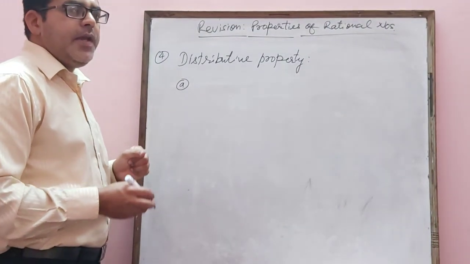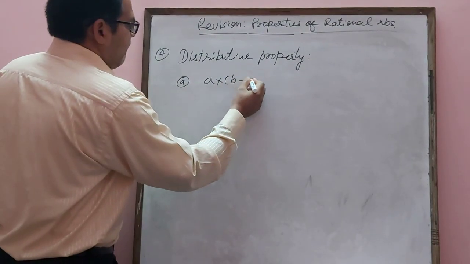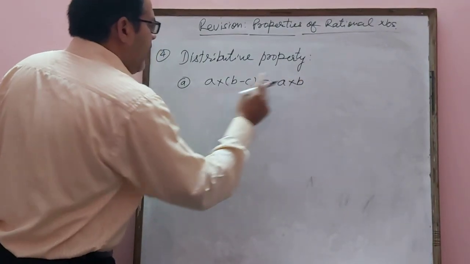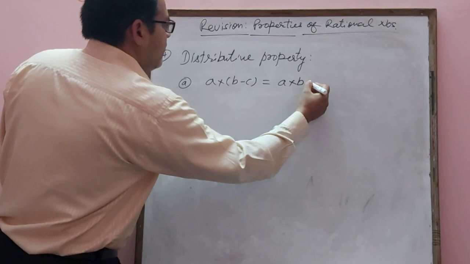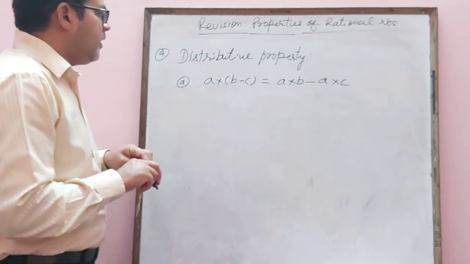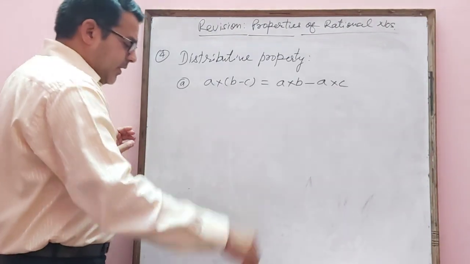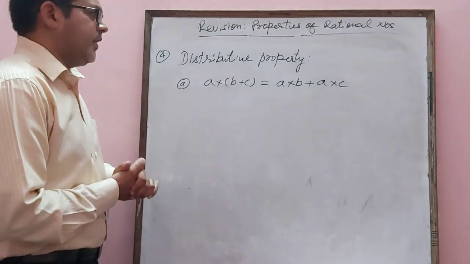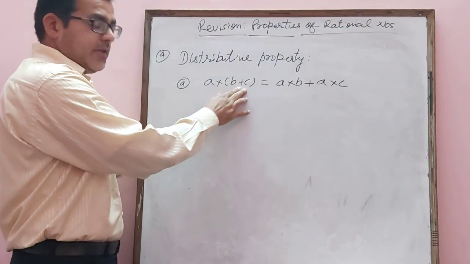If A, B and C are three rational numbers, then according to this property, we can write A into (B minus C) inside bracket as A into B, then minus A into C. This is called the distributive property of multiplication. First, we'll discuss multiplication over addition. So this is called the distributive property of multiplication over addition.